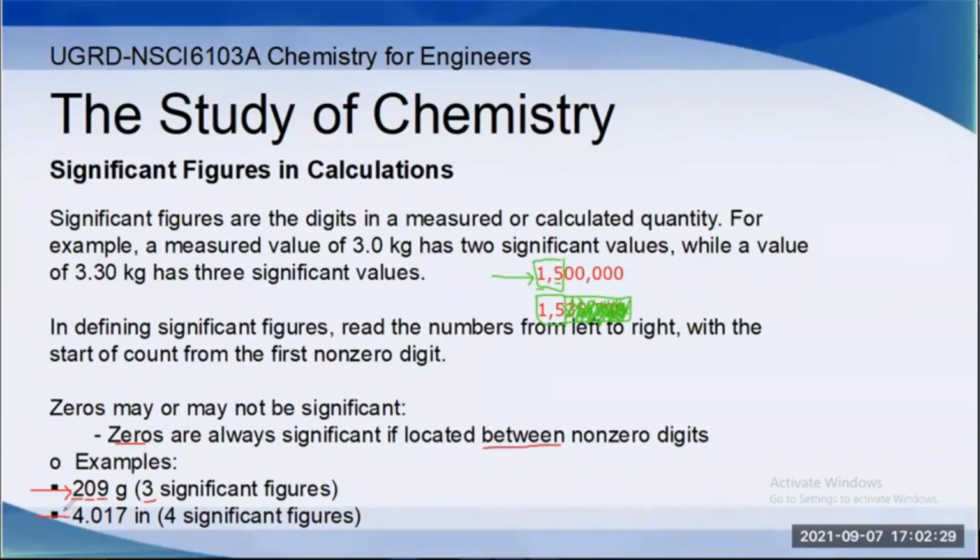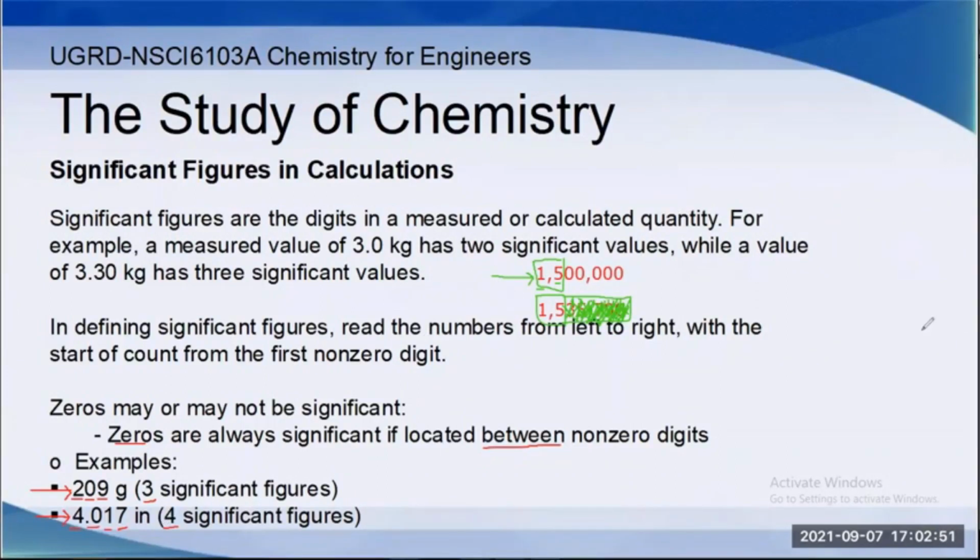Again, counting from the left, the first non-zero digit is 4, then 1, 7. This 0 here is between 2 non-zero digits, so this will also be significant. So we have 4 significant figures. I hope this is clear.